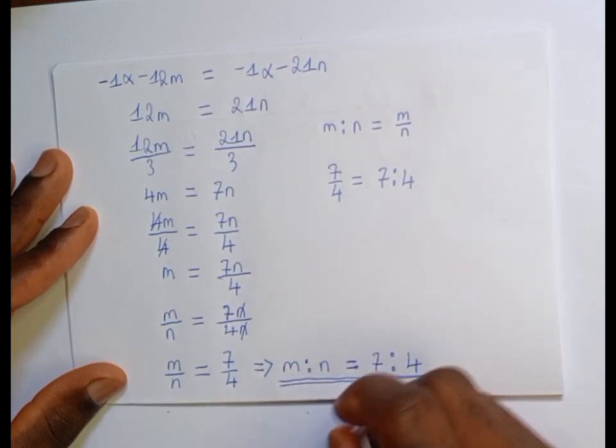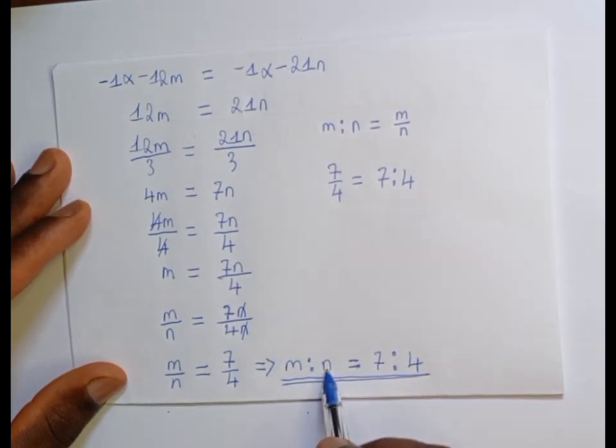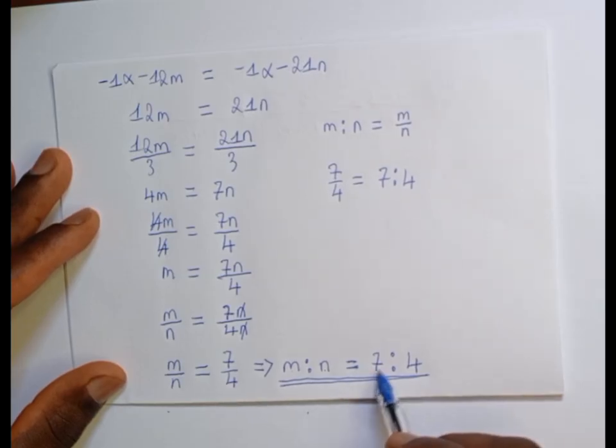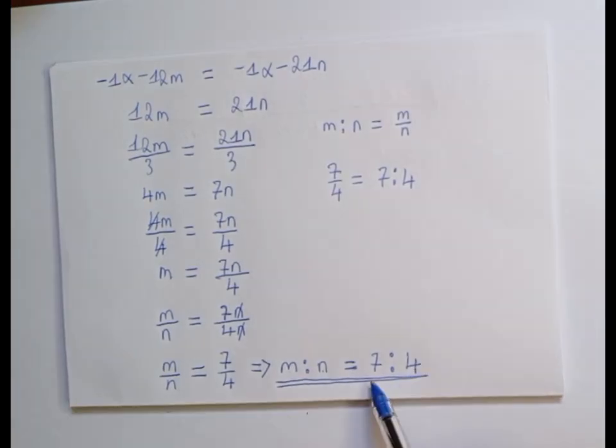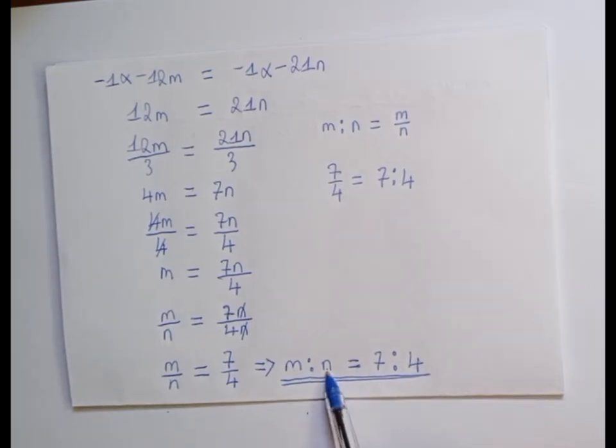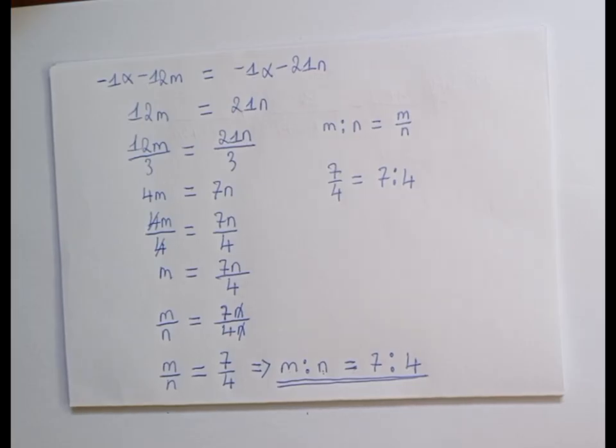Therefore, m is to n is simply equal to 7 is to 4. This simply means that if we are to take 7m, then we must take 4n. We are done with the solution.